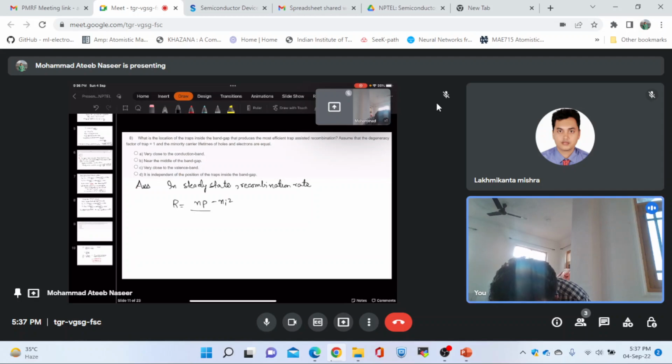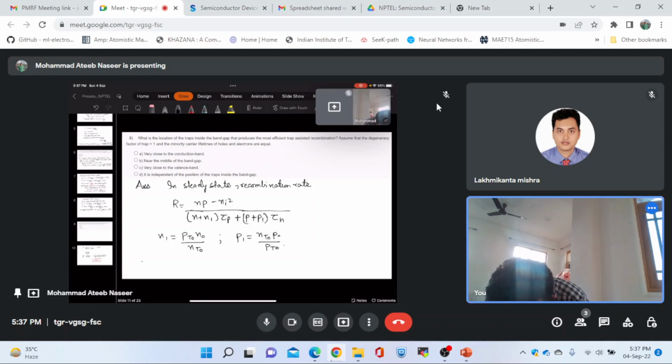minus ni square, divided by n plus n1 times tau p, the excess carrier lifetime for the holes, plus the hole concentration p plus p1 times tau n, the excess carrier lifetime for the electrons, where n1 is given by pt0 and n0 by nt0, and similarly p1 is given by nt0 p0 by pt0.